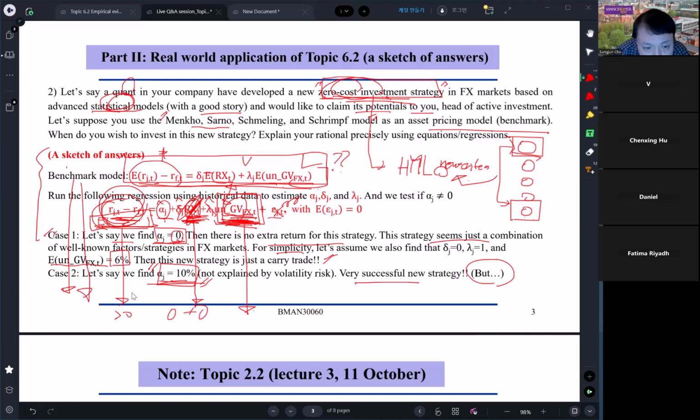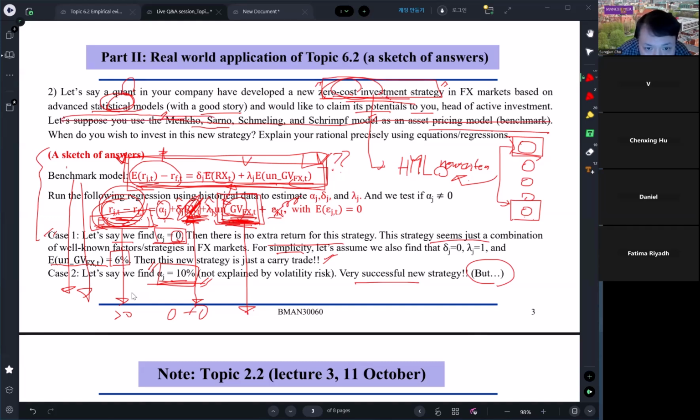You collect the historical data, you run the regressions, you test the intercept, right? The procedure is almost the same. However, the important thing is what is a good benchmark asset pricing model? So if I ask this kind of question in the actual exam, you have to pay some attention to this part. For example, for these questions, let's say I delete this one.